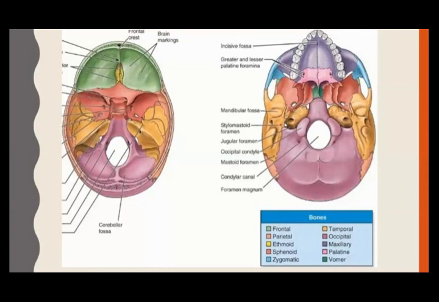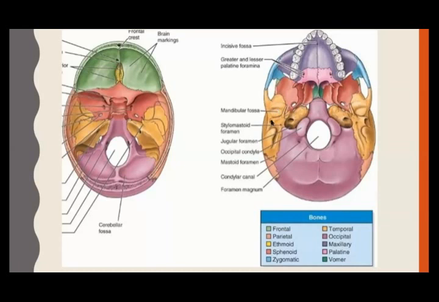This is also part of the temporal bone. This is the zygomatic process of the temporal bone. This is where the mandible will articulate, so it is called the mandibular fossa.